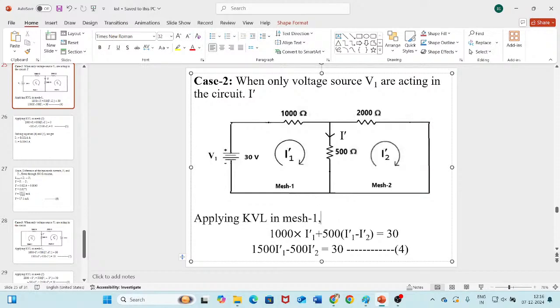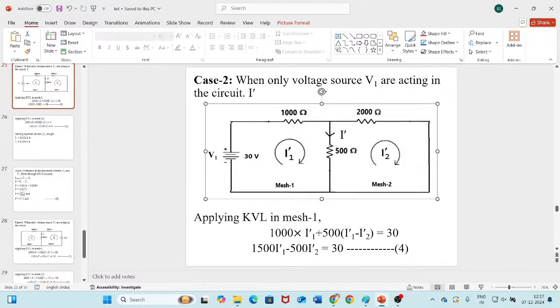I might have considered only I1 and I2, which might have been simpler to understand, but in order to show some variation between case 1 and case 2, I have assumed loop currents as I1 dash and I2 dash. So now let us apply KVL in mesh 1.